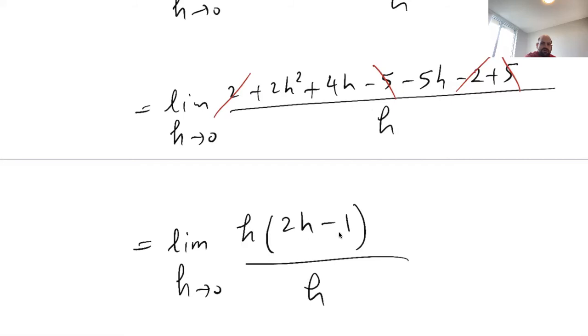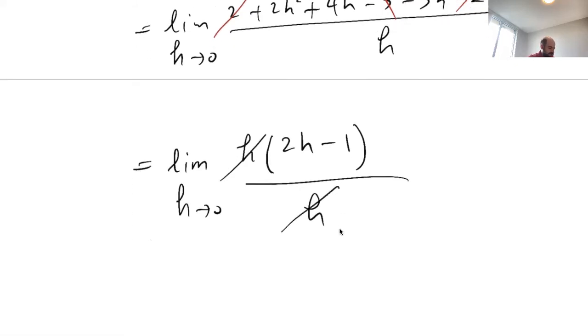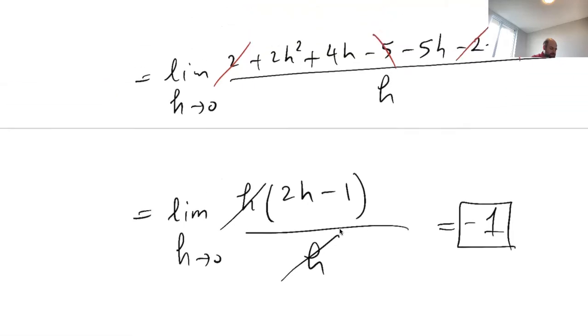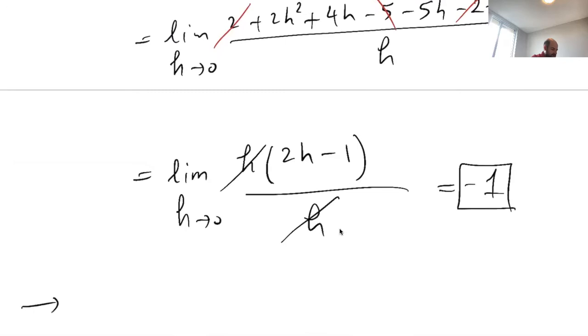So what will be left? Minus 1 will be left. Now h cancels with h, so the limit of 2h minus 1 as h approaches 0 is minus 1. So the answer is minus 1. That's the exact value. So v of 1 equals minus 1, right?